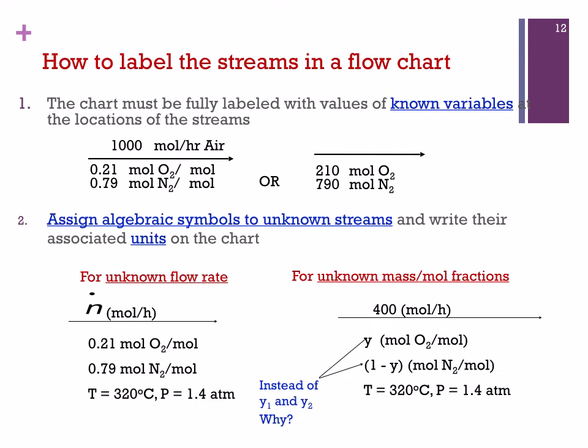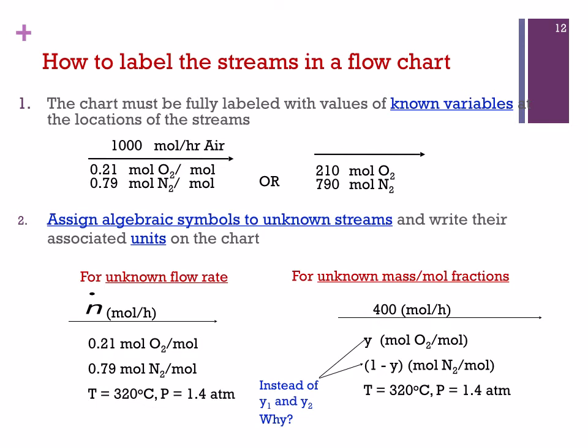In this example, we have 1000 mole per hour of air as the input stream, and we know by heart that the composition of air is 21% mole O2 and 79% mole N2. Therefore, it can be written this way, whereby the top of the arrow will be the flow rate, and the bottom of the arrow will be the molar composition.